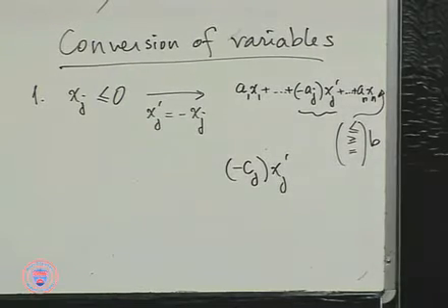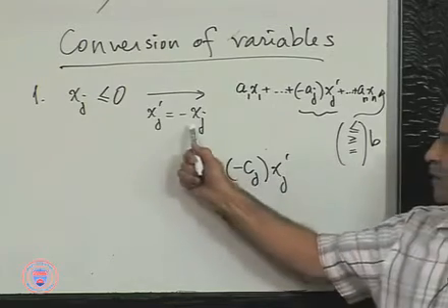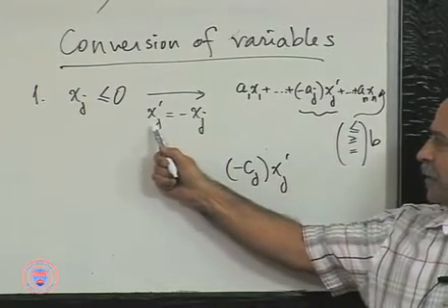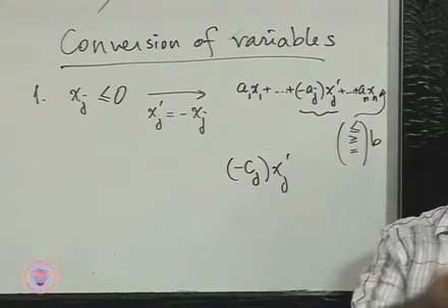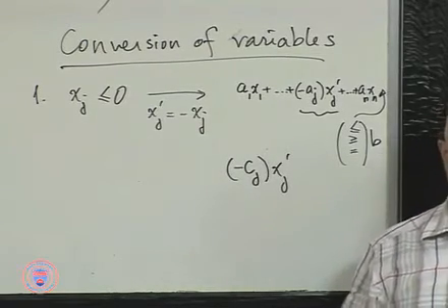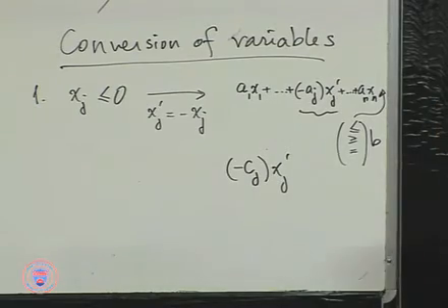Okay? So all we're doing is substituting minus xj prime wherever we see xj. That's all we're doing, but that changes the problem data. The column becomes the negative of the old column, and the cost becomes the negative of the old cost.